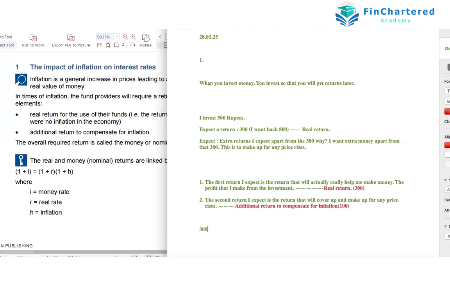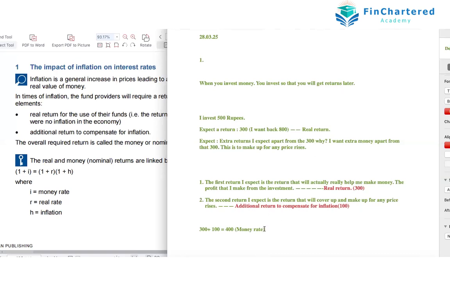So basically I want 300 plus 100, which is 400. This 400 is the money rate that I want.